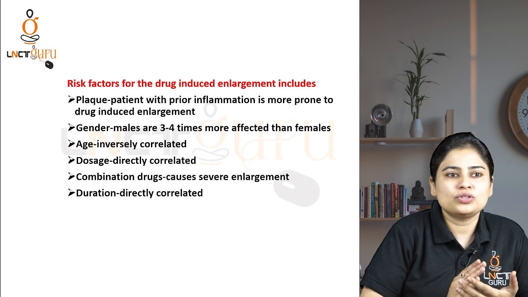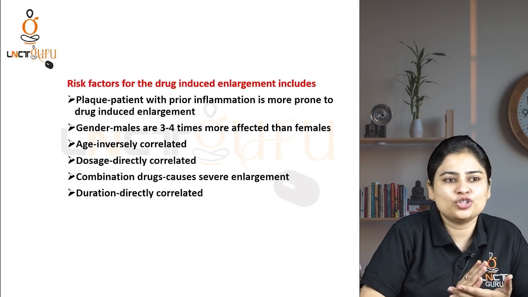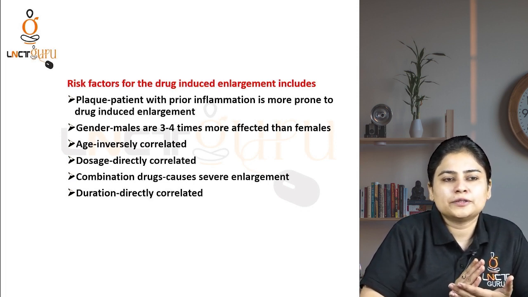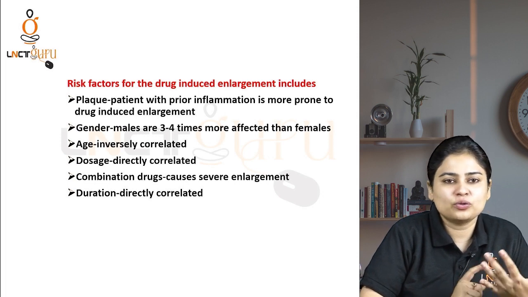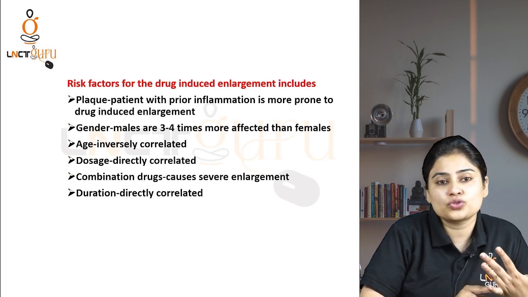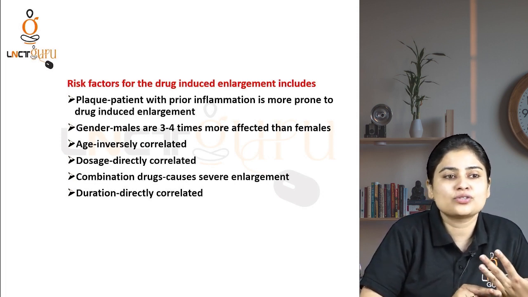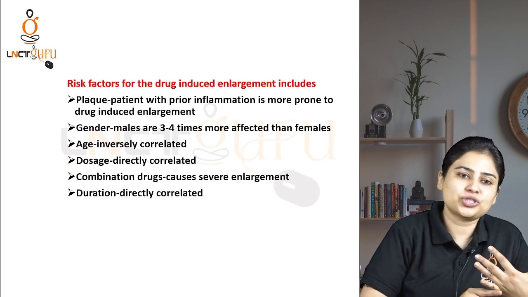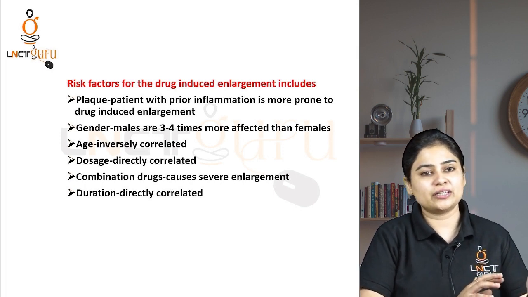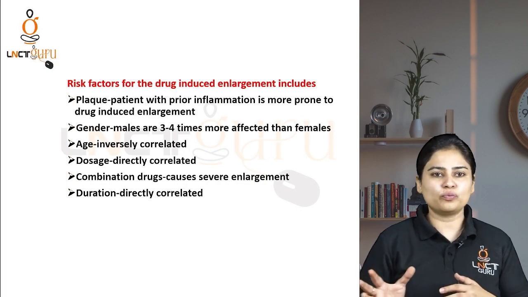So these are the risk factors that induce drug enlargement. Now age has no role; the higher the dose of the drug, the greater the chances of enlargement. Definitely duration matters. For example, if the patient has been taking the drug for a long time, the patient is more prone to enlargement.